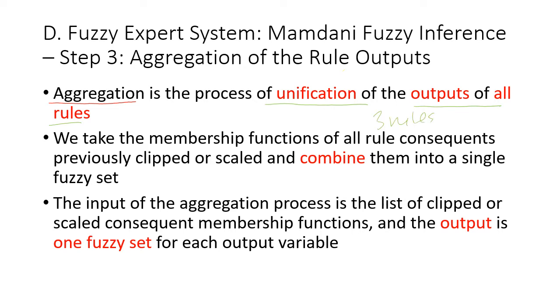So we take the membership function of all rule consequents that we either clipped or scaled, and we combine them into a single fuzzy set. And the input of the aggregation process is the list of clipped or scaled membership functions, while the output is one fuzzy set for each output variable.